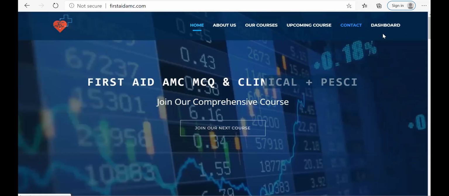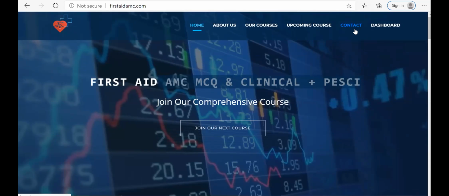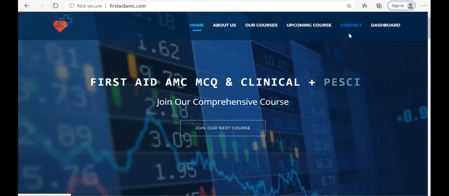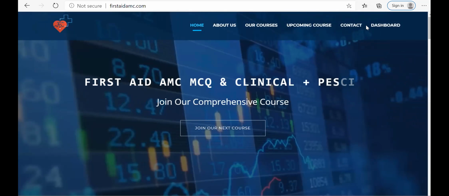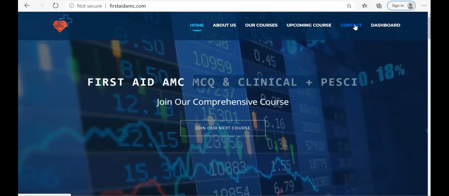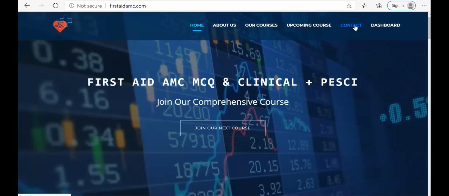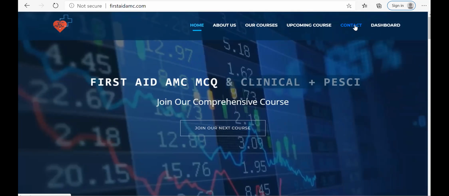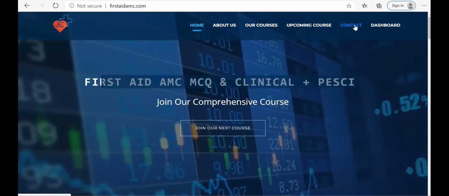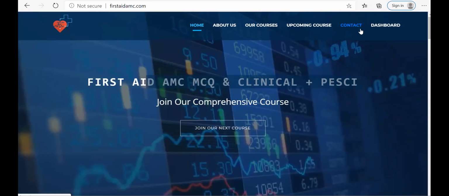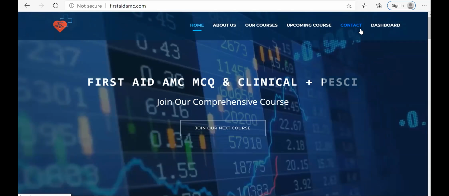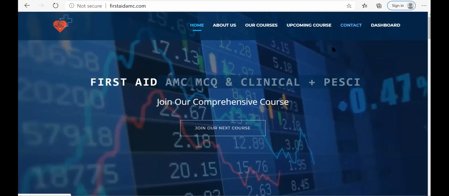Because I'm already logged in, it hasn't shown me any login button, but here you should find a login or subscribe button if you are not already subscribed. So just go to the subscribe button. They will ask for your information, and for some of your identity details to make sure you are an MCQ candidate. Then there will be a payment option. Once you do all these three things, you'll be added to our course.